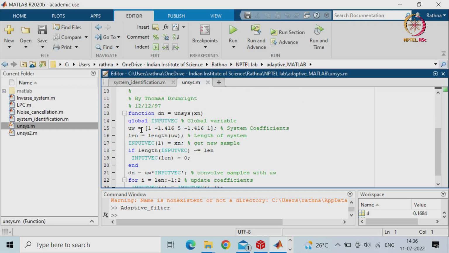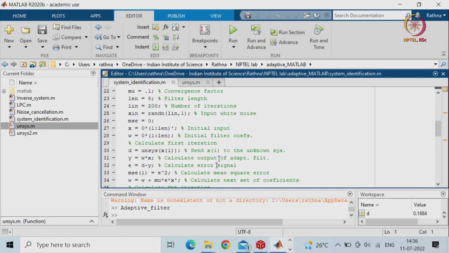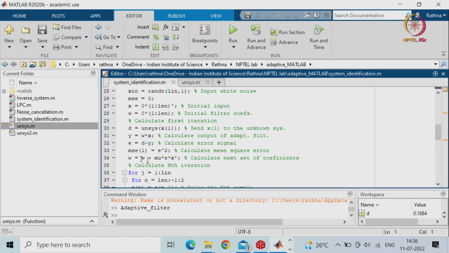Here you will see the system coefficients that are defined, and the system identification has to converge to this. The weight vector w will start as 0 and the output will also be 0.